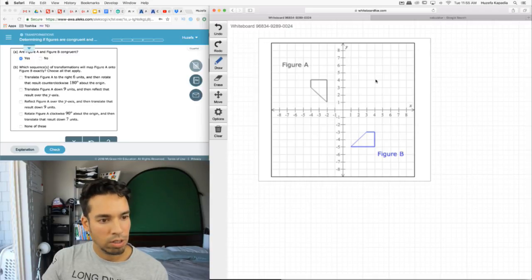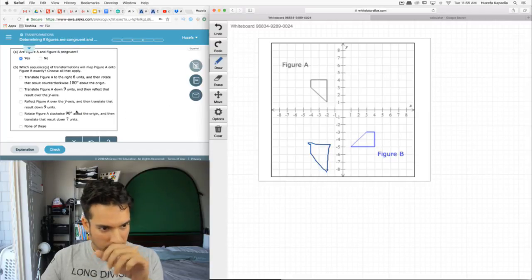Rotate that result counterclockwise 180 about the origin. So then it goes... No, 180 would put it here. So that's wrong. Translate figure down by 9 units. So it's like 1, 2, 3, 4, 5, 6, 7, 8, 9. So it comes down to here. And then reflect over the y-axis. No, that wouldn't give it.